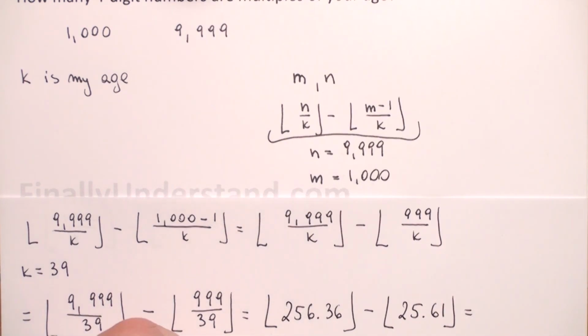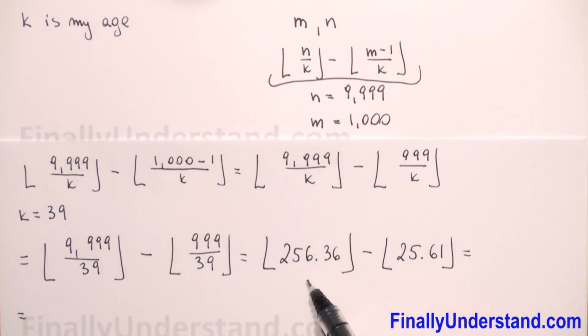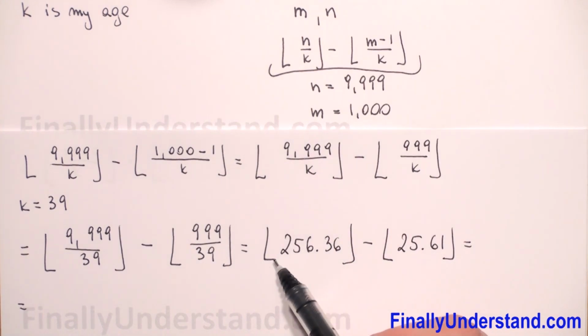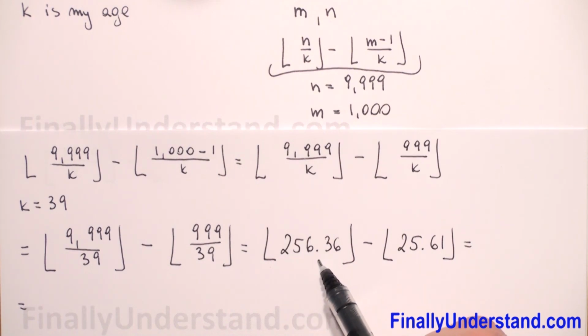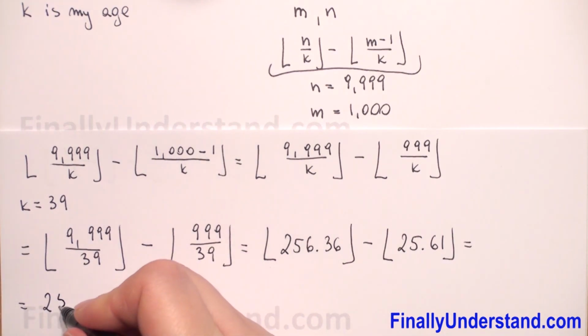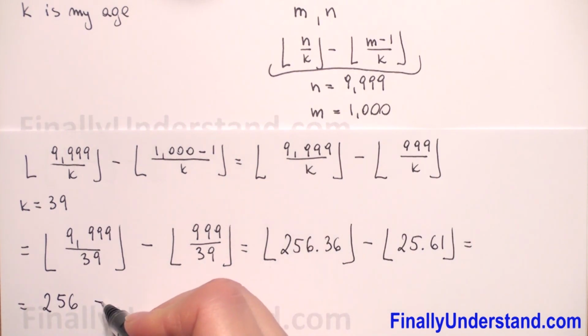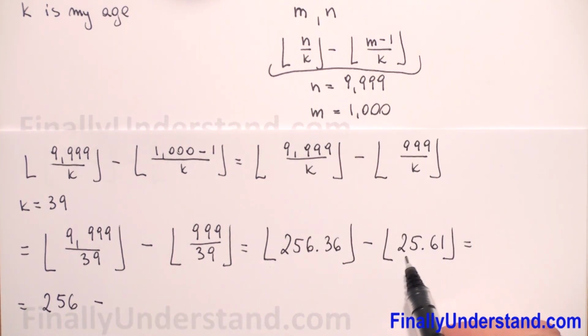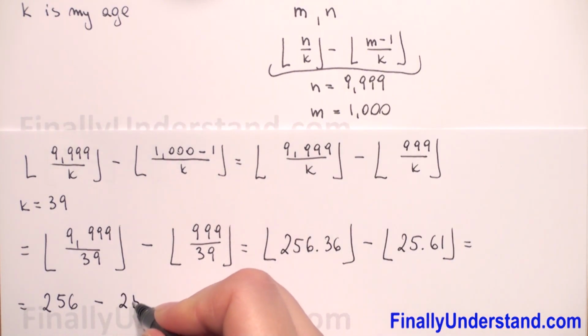From the definition of floor, we know that the floor of a number is the largest integer less than or equal to this number. Because this number is not an integer, the largest integer less than it is 256, minus, and again the largest integer less than this number is 25.